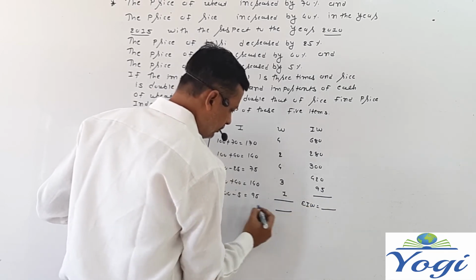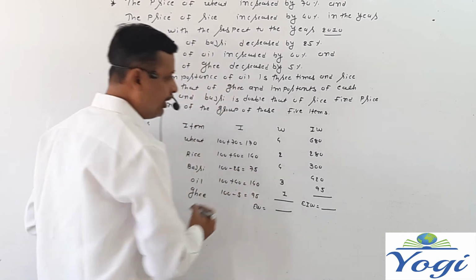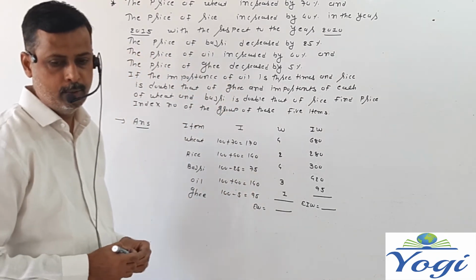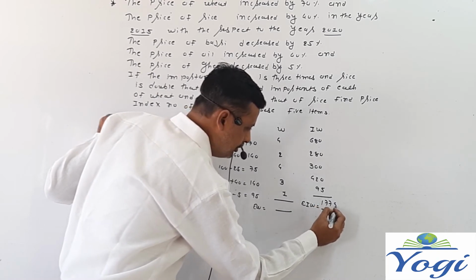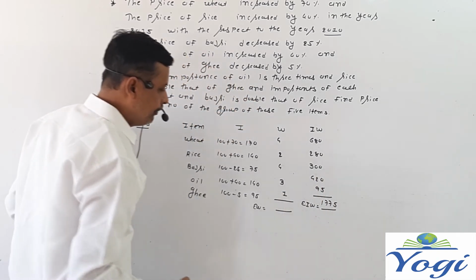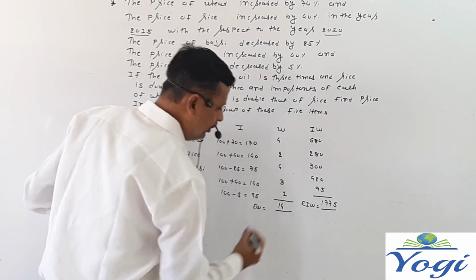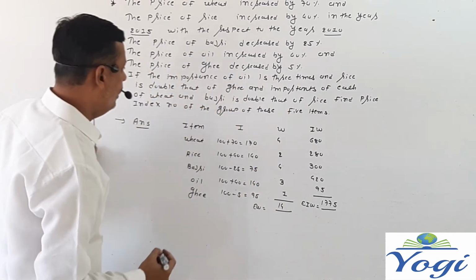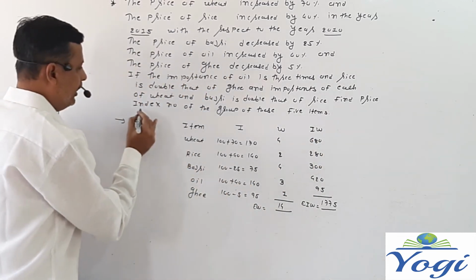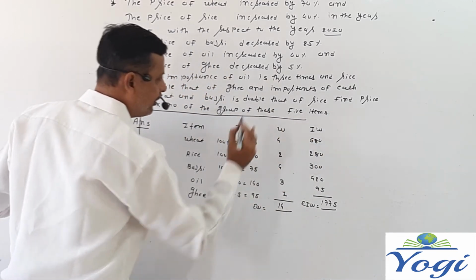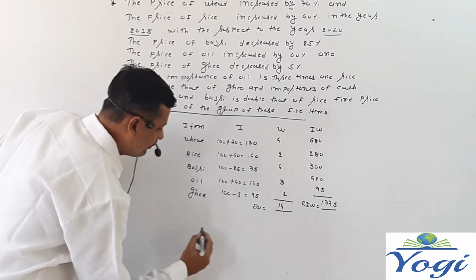Now total of sigma IW and sigma W. So total of sigma IW is 1775. Sigma W is 14. Now here required, find the price index number of group of these 5 items.